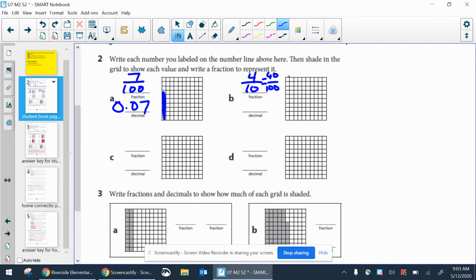So this whole strip would be 1 tenth, 2 tenths, 3 tenths, 4 tenths, 5 tenths, 6 tenths, 7 tenths, 8 tenths, 9 tenths, and 10 tenths for the whole grid. So I would be shading 4 of the 10.